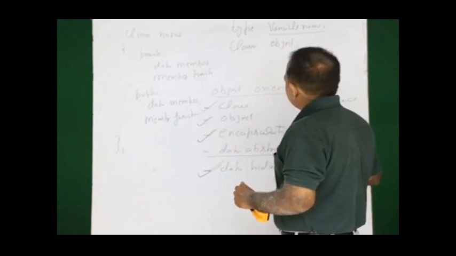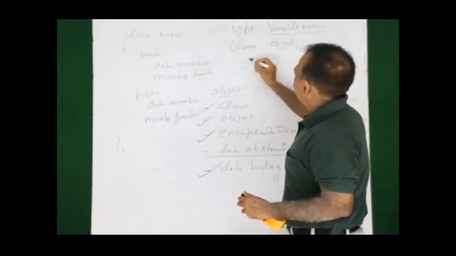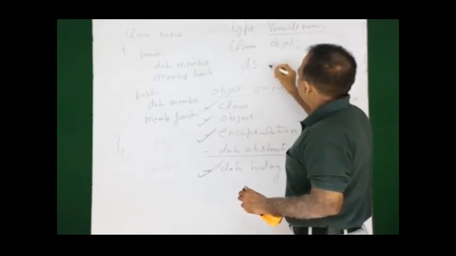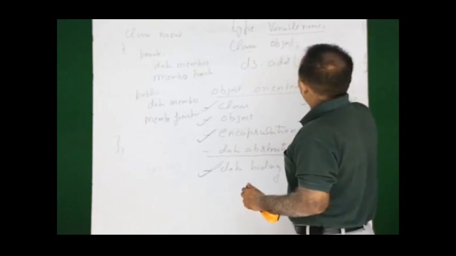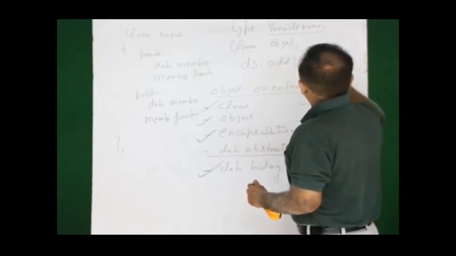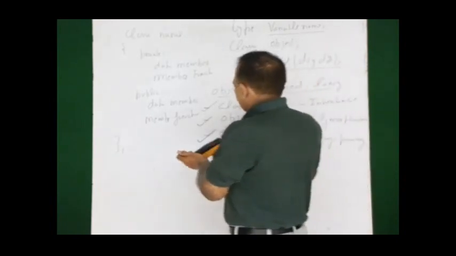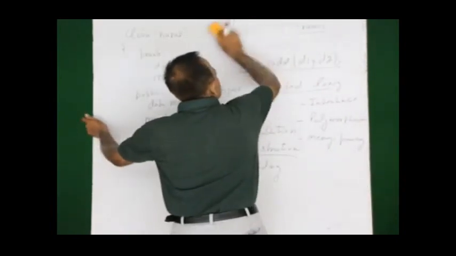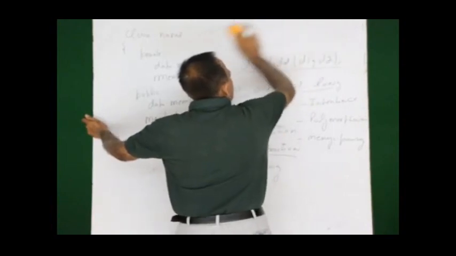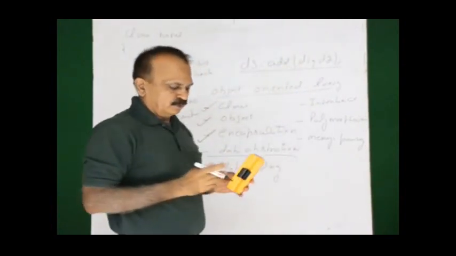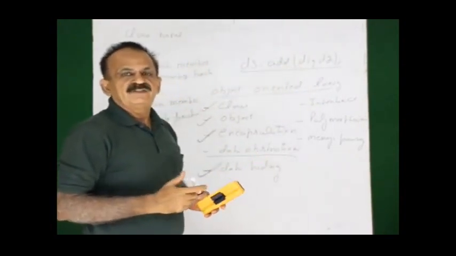Say, for a distance type data, I write a line d3.add(d1, d2). This statement means I will be adding two distances d1 and d2, and the result will be stored in the distance d3.